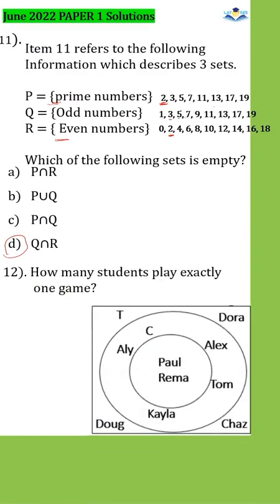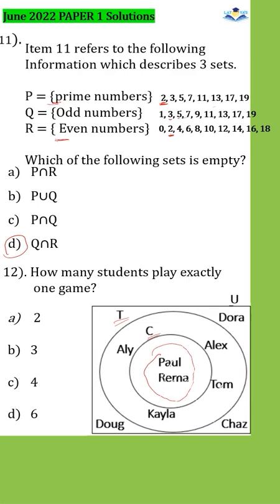Question 12 wants us to determine how many students play exactly one game. As we can see here, this T represents those that play tennis, the C represents those that play chess. Now we can see here that the students who play chess also play tennis.